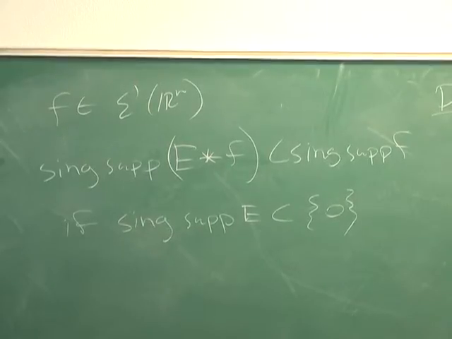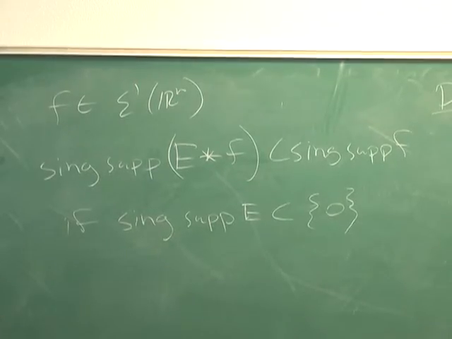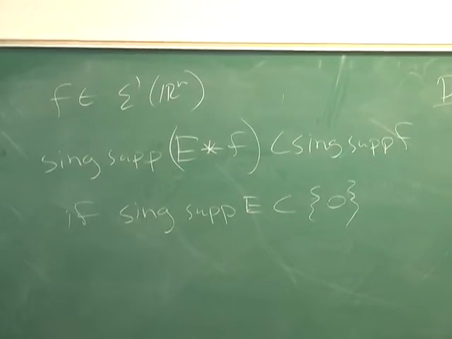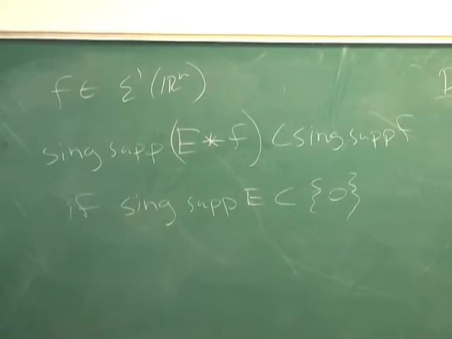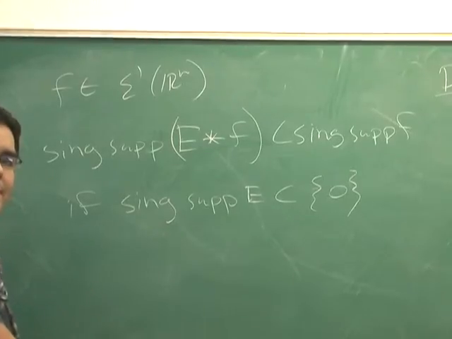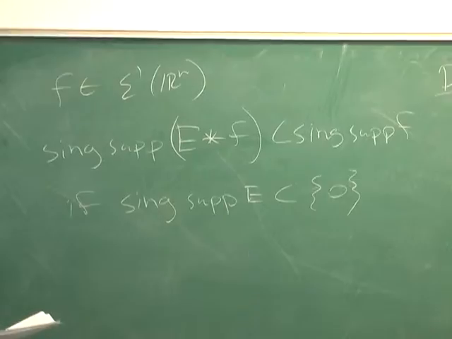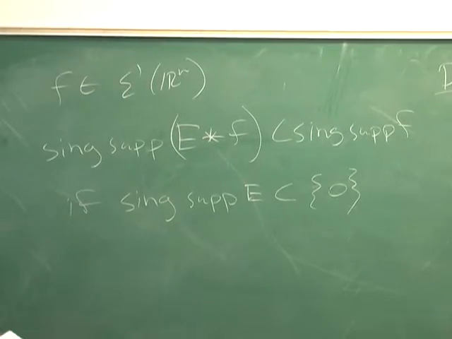So basically the singular support of E star F is the singular support of U. But then you say that it is a subset of the singular support of F, right? That's the part I didn't get. Well, if you knew that, then I guess that's the key point. I mean, this is pretty obvious.